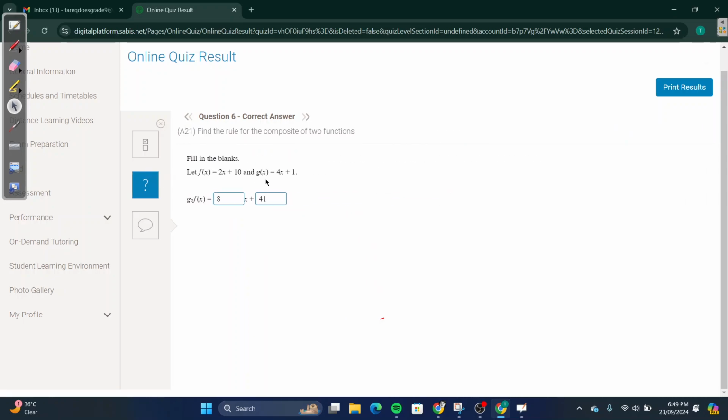Let f of x be 2x plus 10 and g of x be 4x plus 1. This one's simple, I'll just do it. What they're telling you here is g of f of x. So this would be 4 times (2x plus 10) plus 1, because f of x is 2x plus 10 and we want to substitute it in place of x.